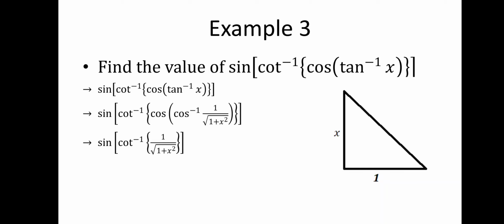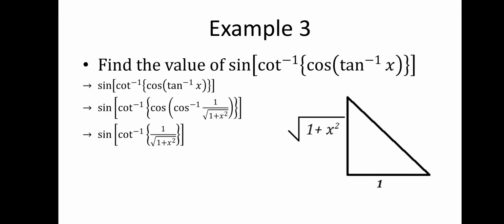So 1 is your base and root over of 1 plus x square is your perpendicular. So again I can consider another triangle, something like this. Just understand how it is happening. So cot inverse 1 by root over of 1 plus x square. In this case, 1 is my base and root over of 1 plus x square is my perpendicular. So therefore I can consider the triangle like this.